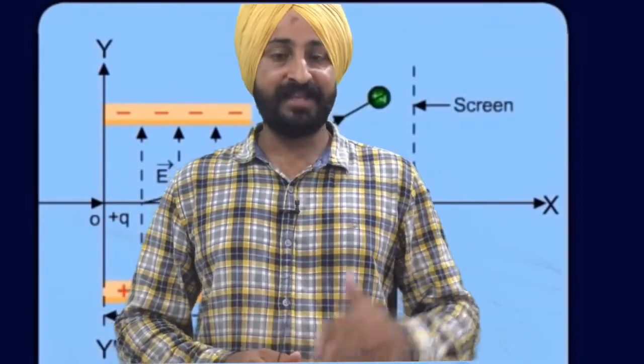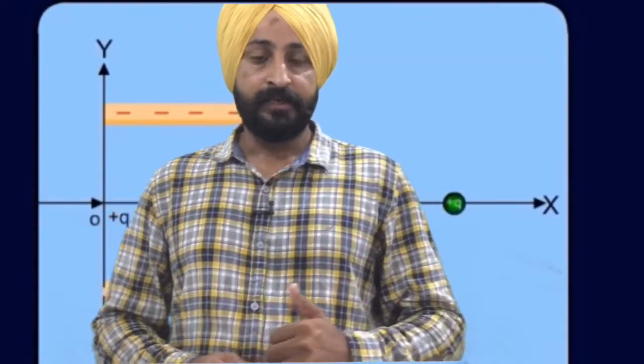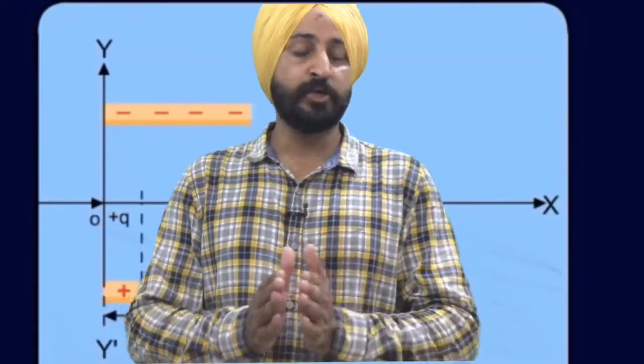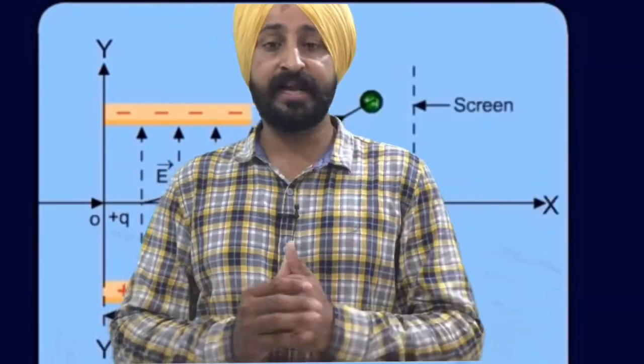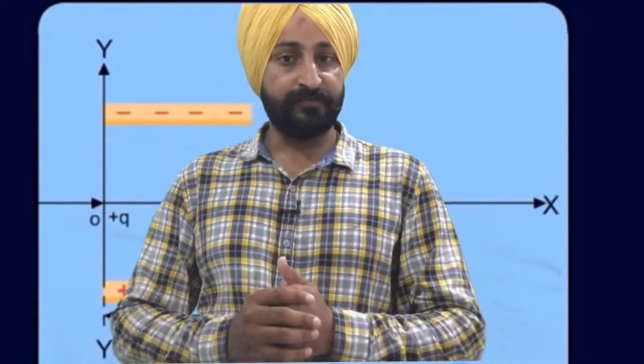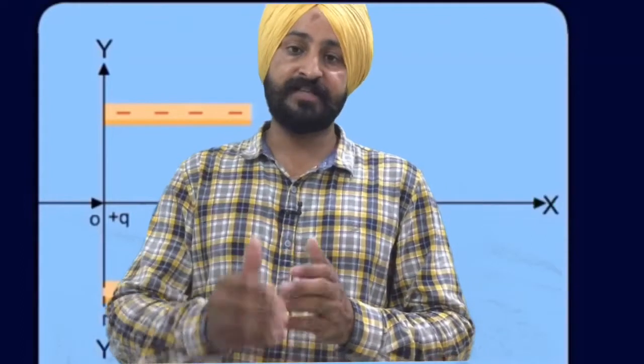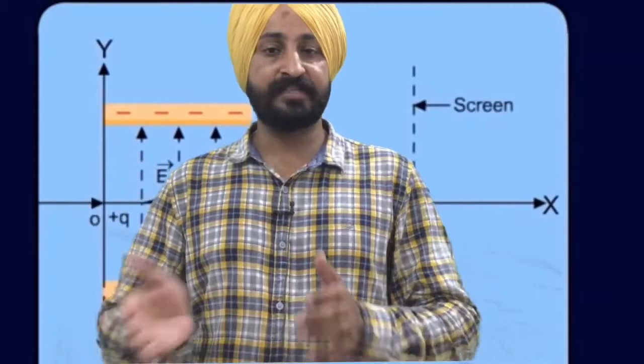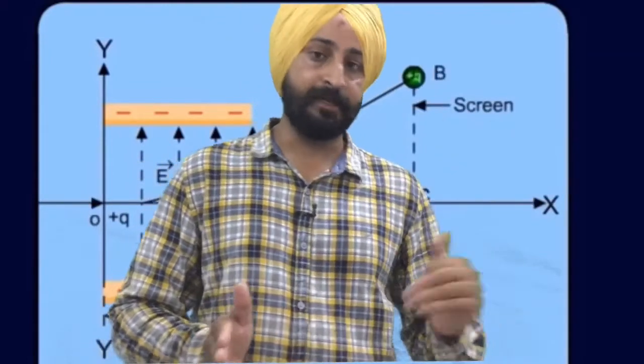But when there is some electric field, the charged particle gets deflected. It is actually following the curved path. Now this curved path is due to the deflection produced in the charged particle when it is moving in the electric field. The direction of deflection, of course, depends upon the polarity of charge. If it is the negative charge, then it will be deflected towards the positive plate, and if it is the positive charge, then it will be deflected towards the negative plate.